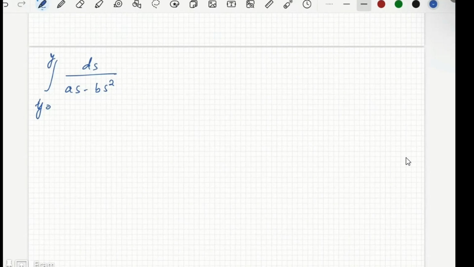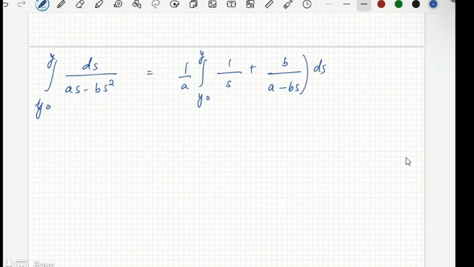If we do so, we can write it as 1 by a times (1 by s plus b by (a minus bs)). Can we write it like this? Because if we solve it, we will get ds by (as minus bs square).